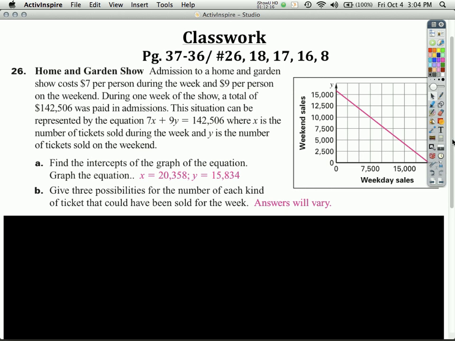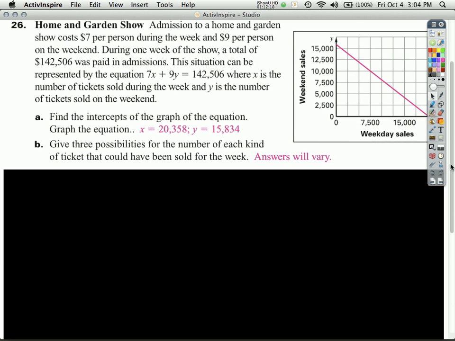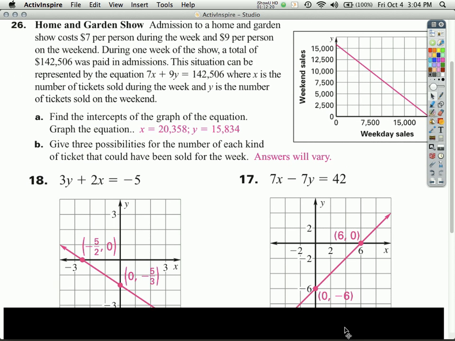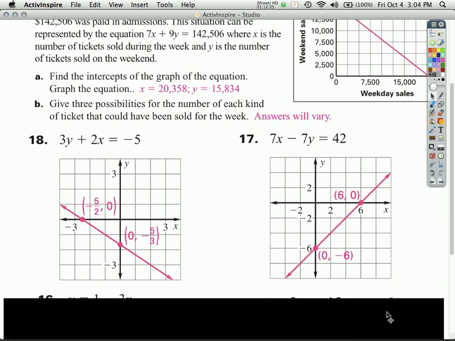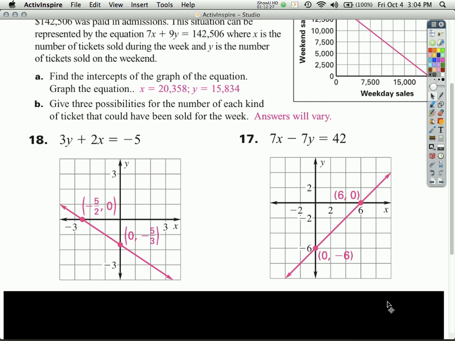Numbers 18 and 17. Let me move this up a little bit more. Here's 18 and 17.